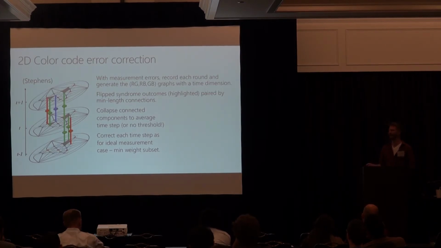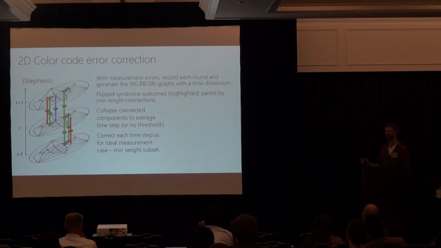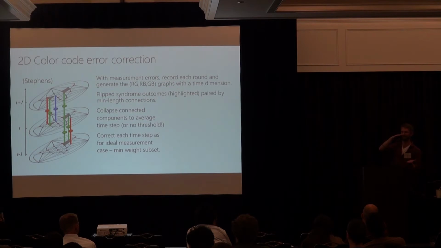So what we found when we thought carefully about Stevens' decoder was that the way that it was technically described doesn't have a threshold, because what Stevens suggested was taking D, where D is the distance of your code, taking D time steps, and for each set of D time steps, collapsing them to 1 time step, and then applying the standard decoder.